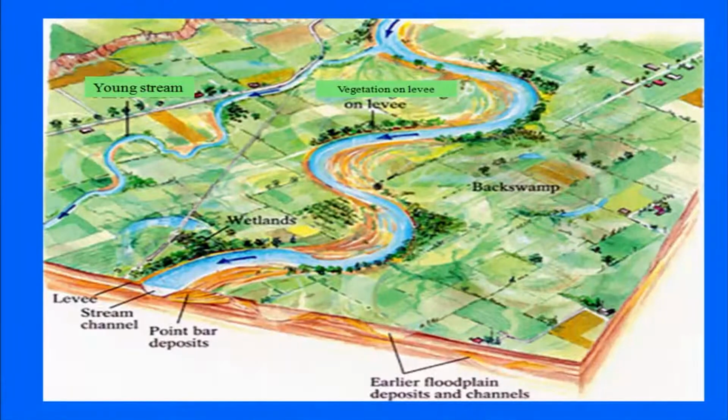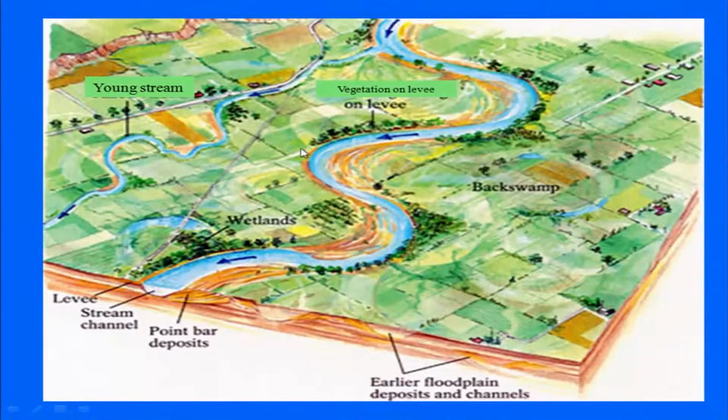So mainly in the floodplain areas, you will find the cutoff channels, and also the erosion on this side, that is the outer side, will result in the migration of the channel, or the movement of the channel in this direction.